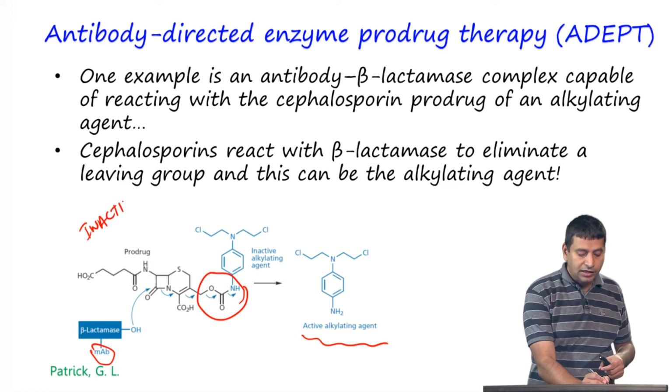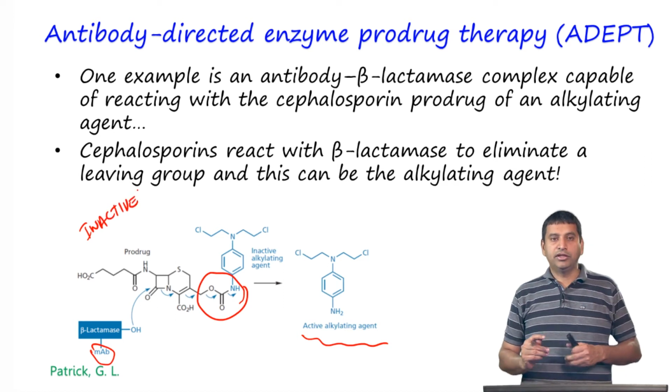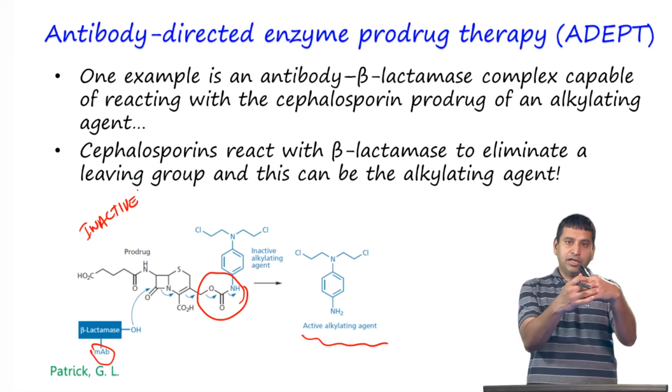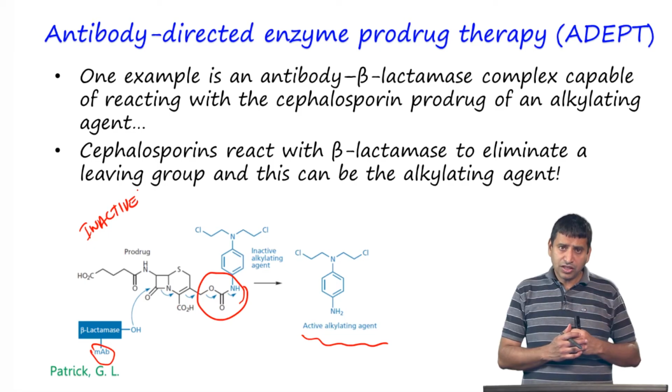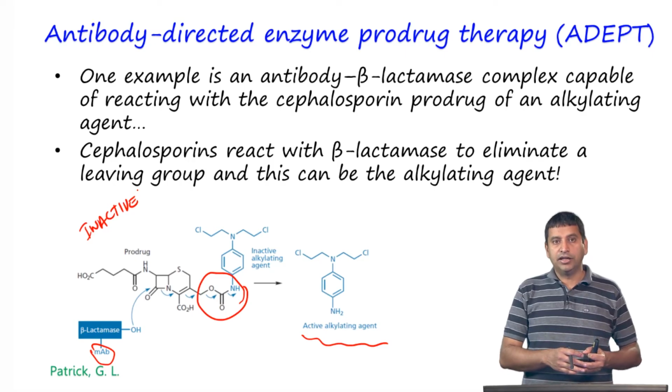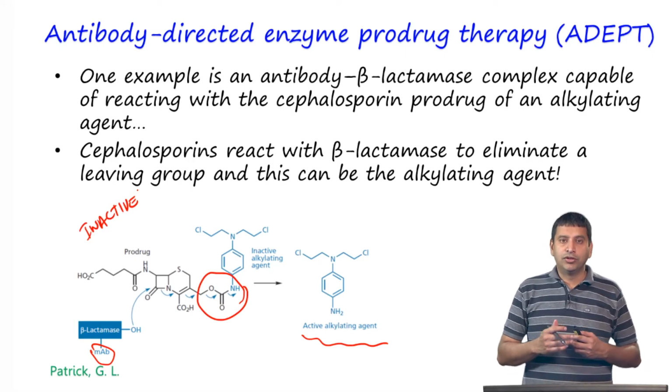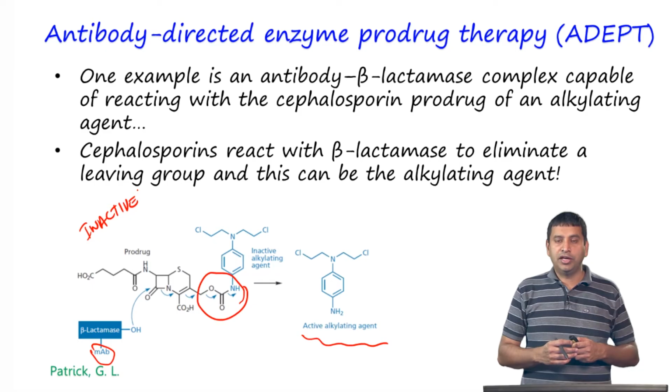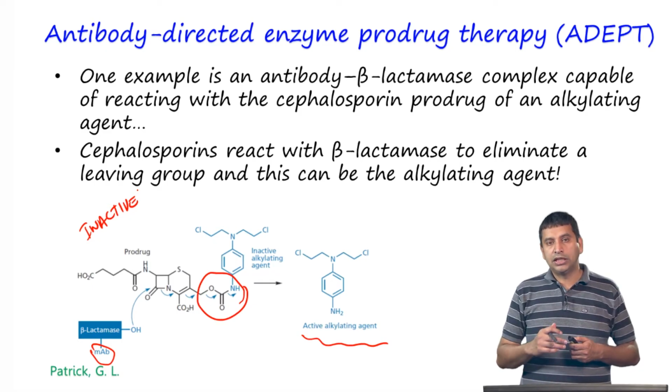Now, because of the antibody, it will get directed to the site of the tumor, and there it will get cleaved by this bacterial enzyme and produce the active alkylating agent. So, this is a beautiful example of ADEPT that can be used to direct prodrug therapy.